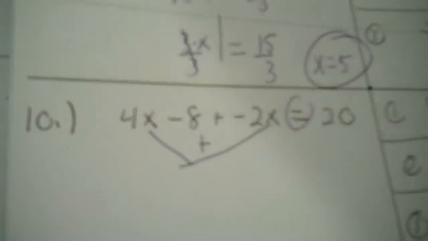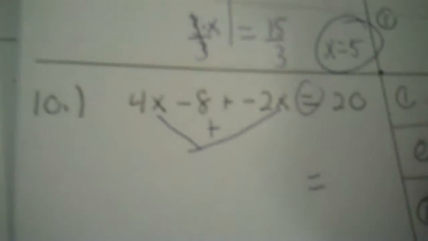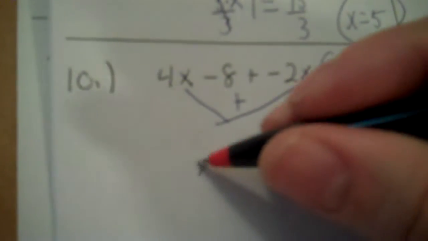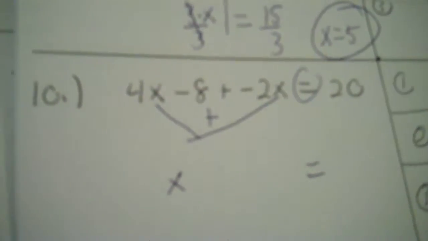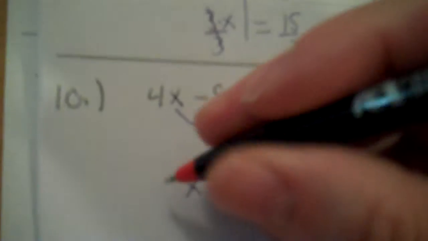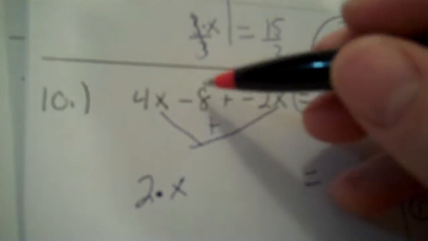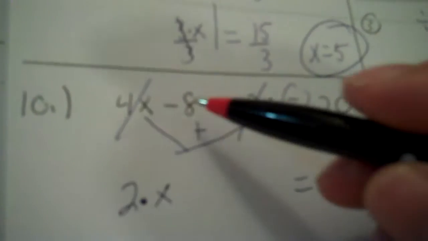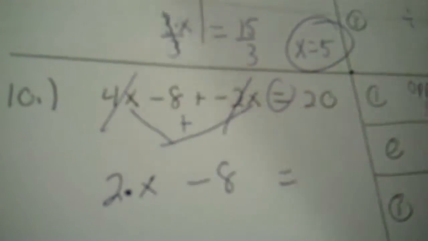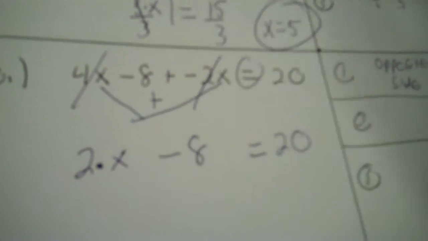So when they're on the same side, we connect them and write plus. But look carefully, it's not going to be just 4 plus 2, it's 4 plus negative 2. Okay? So I take a 4 and add a negative 2, I get 2. So x is multiplied by 2. Okay, and then you still have your minus 8, and then your 20.